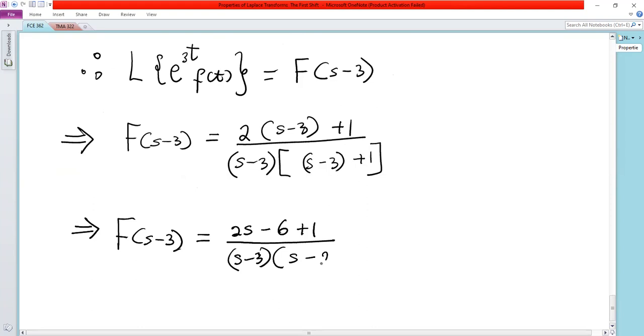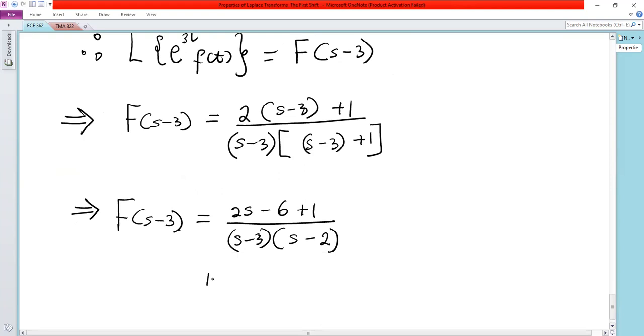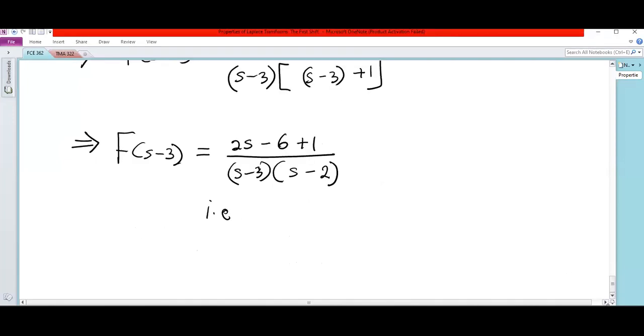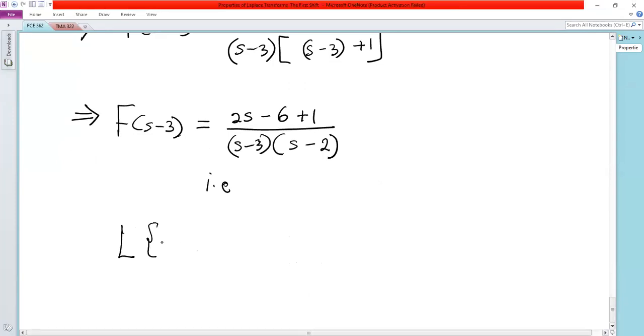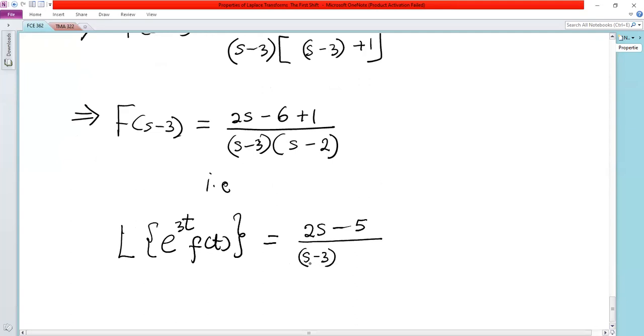So minus 3 plus 1 is minus 2, i.e. the Laplace transform of e raised power 3t times f of t will be given by 2s minus 6 plus 1 is minus 5, divided by s minus 3 into s minus 2. So this is the answer to the second part.